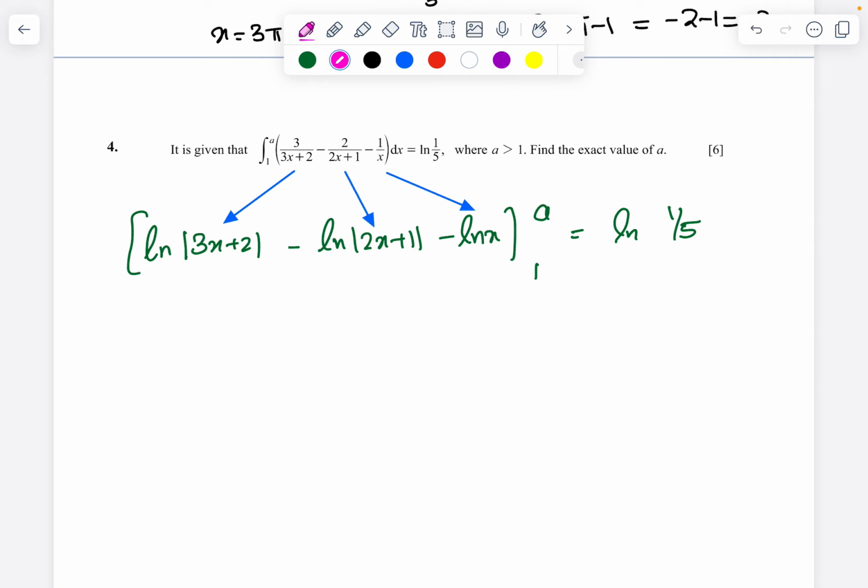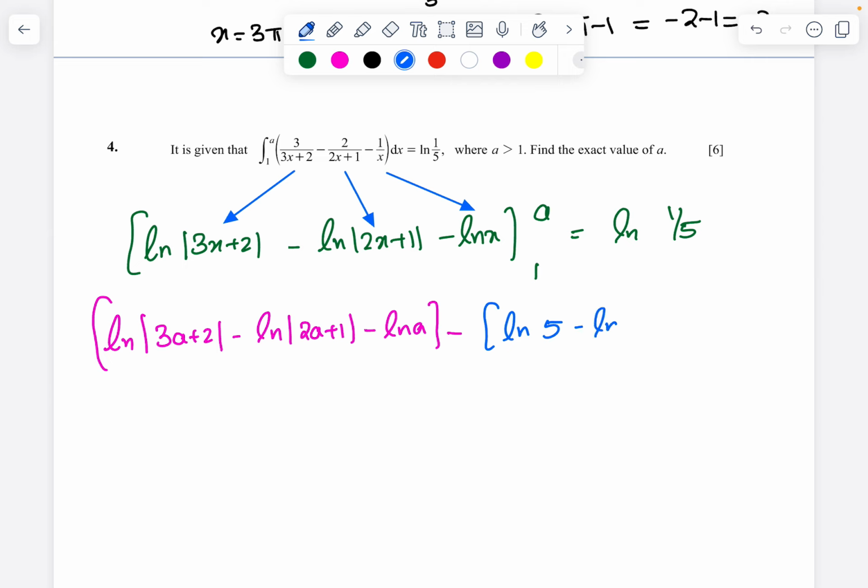Now substitute the upper limit, it becomes ln (3a plus 2) minus ln (2a plus 1) minus ln a. Then substitute the lower limit, ln 5 minus ln 3 minus ln 1, equals nothing but how much? Ln 1 upon 5.